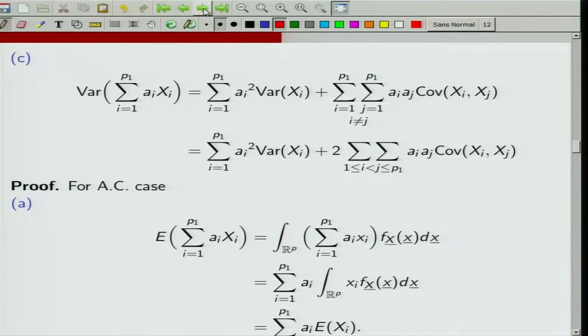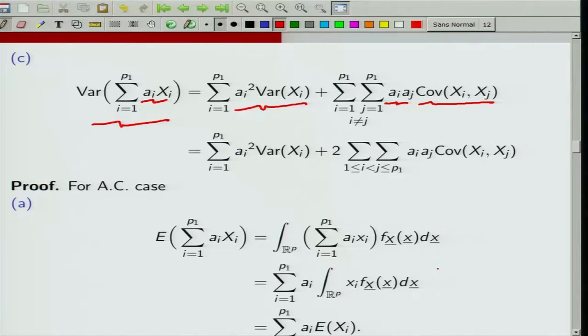But before that, let me state another result, which is a particular case of part B. Variance of summation i equal to 1 to p1 of a i x i is the same as, first you consider just the sum of the variances of a i x i, which is sum i equal to 1 to p1 a i square variance of x i. Then you consider covariances between the different a i x i and a j x j, which is a i a j covariance of x i x j for i not equal to j.